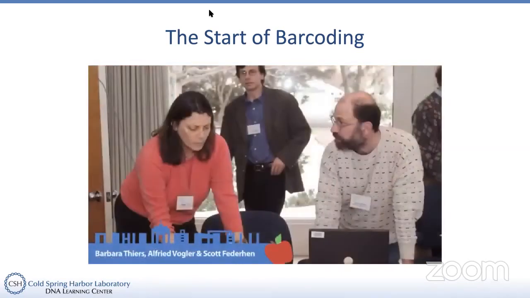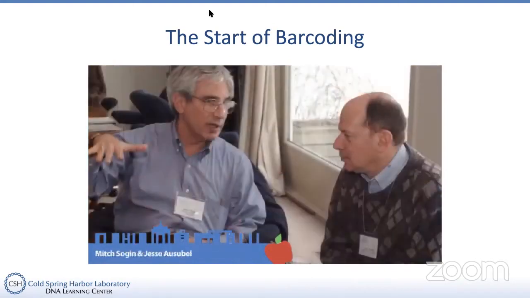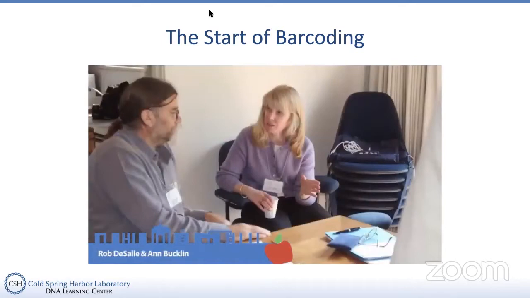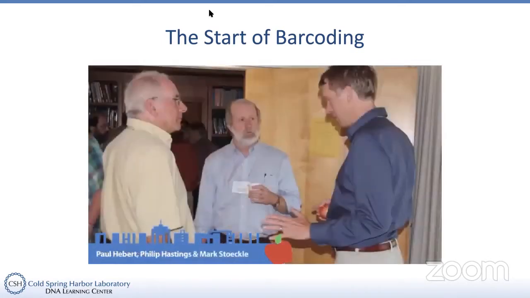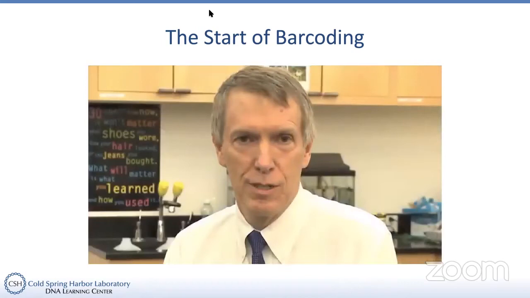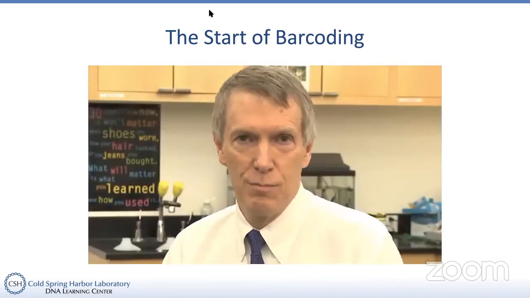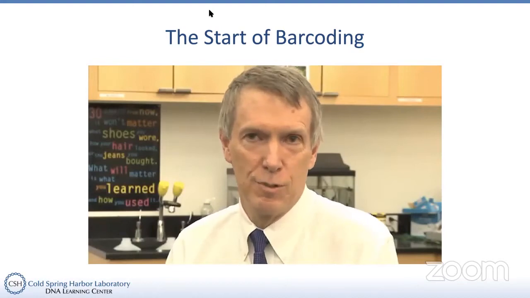Because at that time there weren't barcodes for many species. And if it's going to work, how are we going to make it work? And from the beginning, it was clear it was a way of taking science, knowledge of experts, and making it available to a much wider number of people.